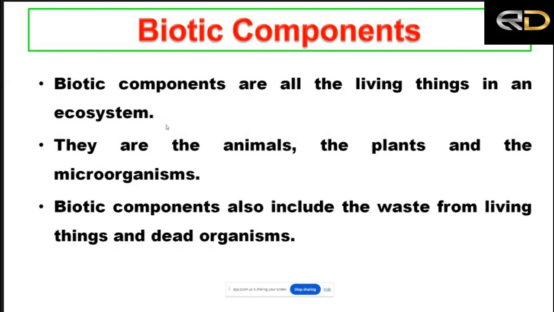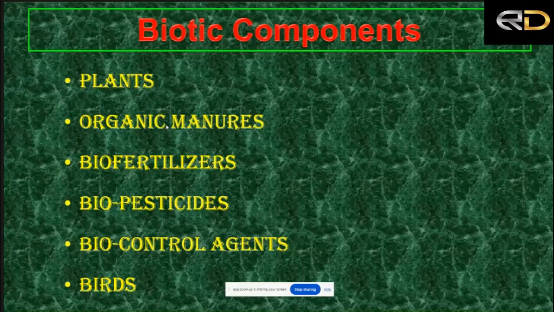They will also include the waste or the products that we get from a living thing. So in case of organic farming, we are talking about organic waste or compost or manures, vermicompost, anything which we can get from plant products. So these are the biotic components that we need to know and manage while adopting organic farming.